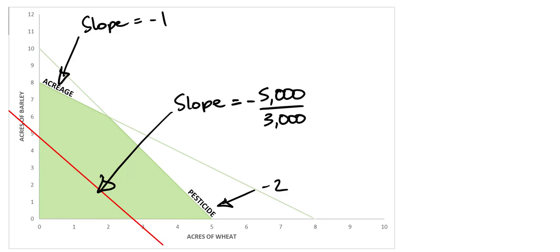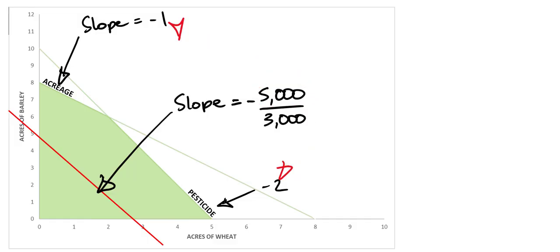Because what I'm going to do now for each part of this fraction, first starting with the 5,000, which represents the coefficient of wheat, is compare it to the slope of the one constraint, and then compare it to the slope of the other constraint. I will need to do that for both the numerator and the denominator of this slope.